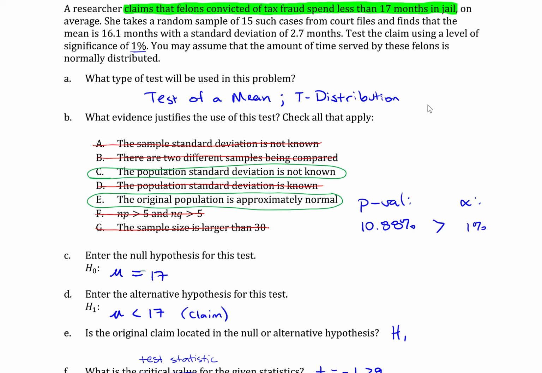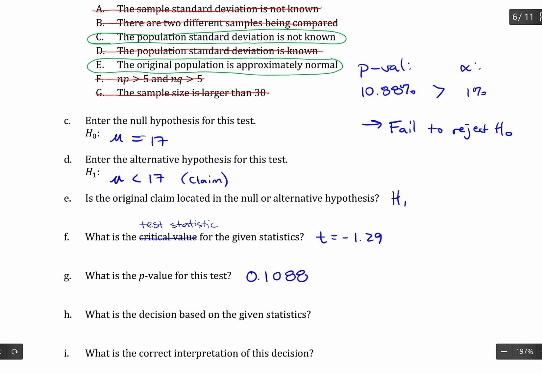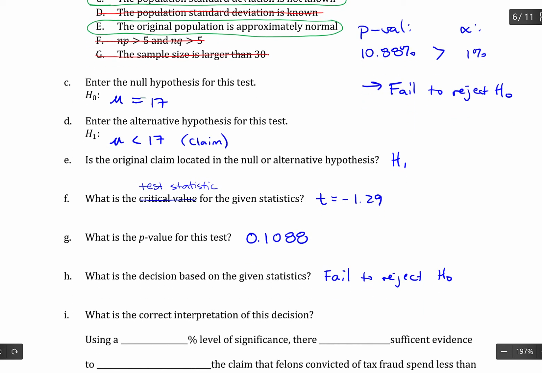The rule is, if p is low, the null must go. So if the p-value is less than alpha, we reject the null hypothesis. But that's not happening here, so we are going to fail to reject the null hypothesis. That's my decision: fail to reject the null hypothesis.